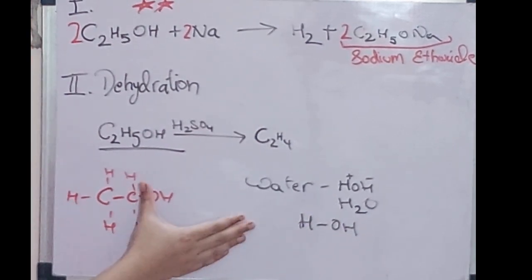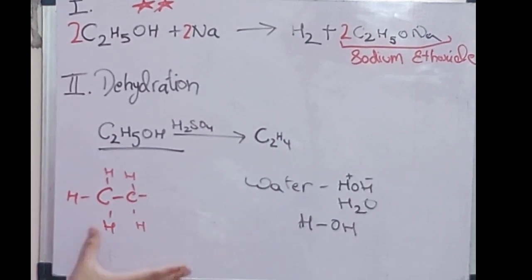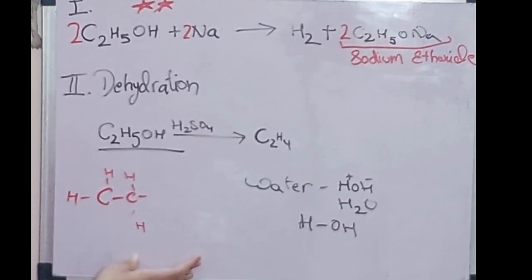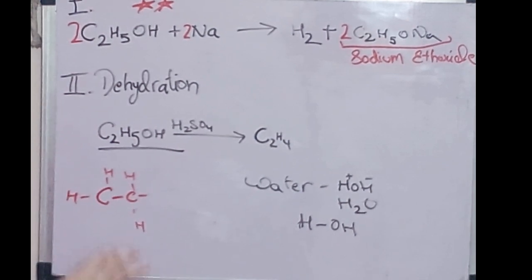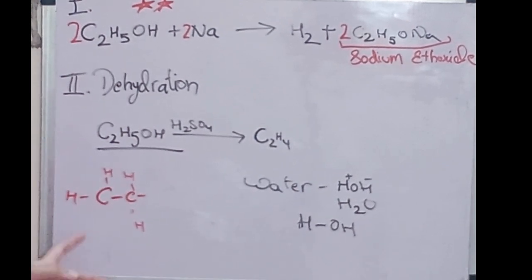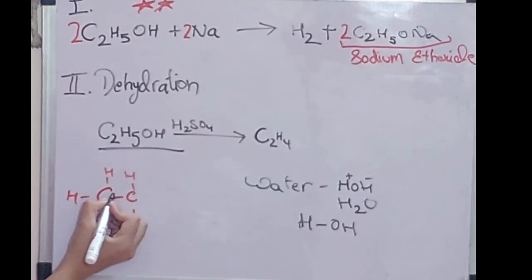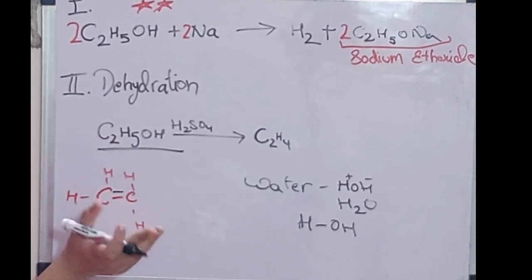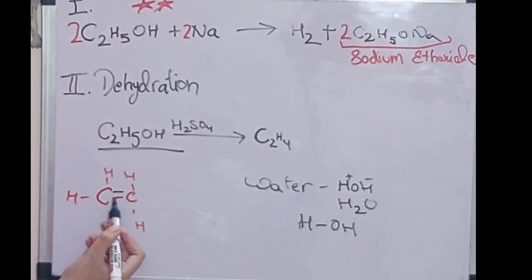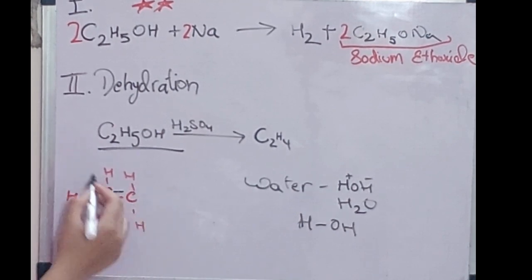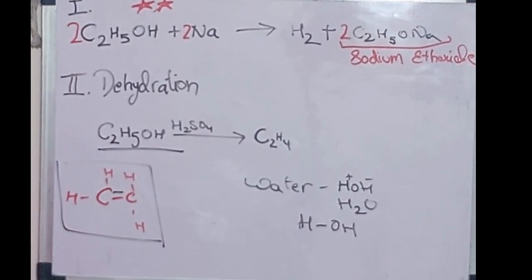So I have to remove one OH and one hydrogen. You can say I did a clear cheating type of thing, because मुझे पता था कि यही हटेगा, so I did it easily. और इसके बाद डबल बॉन्ड लग गया. So valency complete हो गई. 1 2 3 4. इधर की भी 1 2 3 4. And I just removed H and OH. And this is how C2H5OH, your alcohol, gets converted into C2H4, that is ethene.